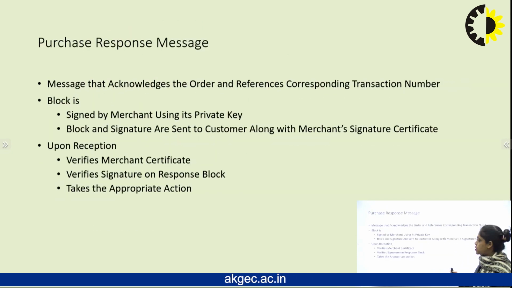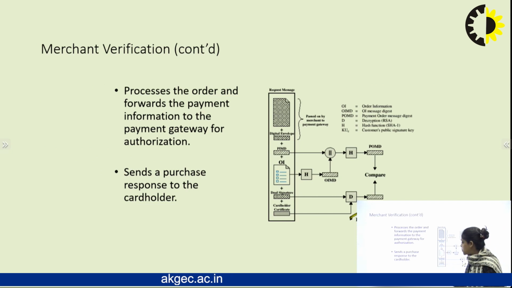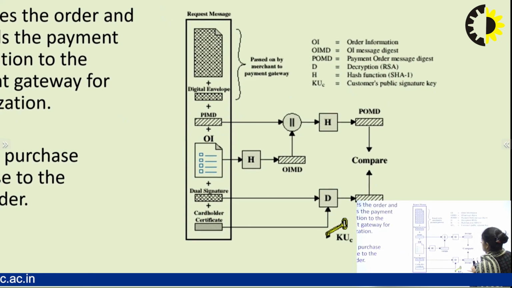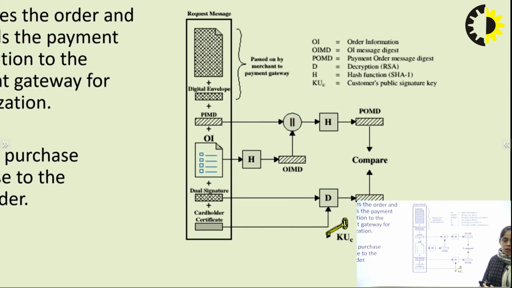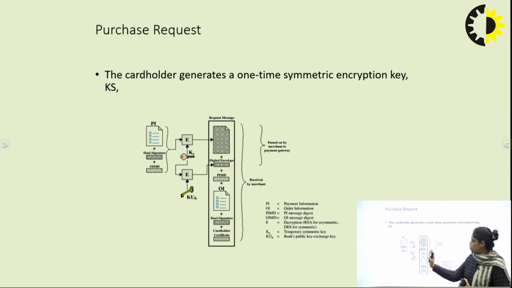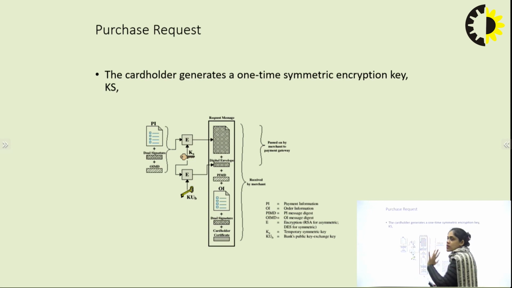Before closing this lecture, I want to talk about this particular diagram. This is an important diagram. The first diagram talked about the left hand side of this. Whatever transactions have been carried out on the left hand side of the request message are discussed over here.